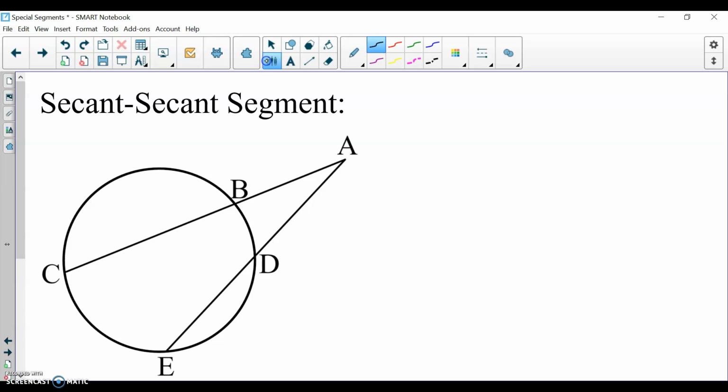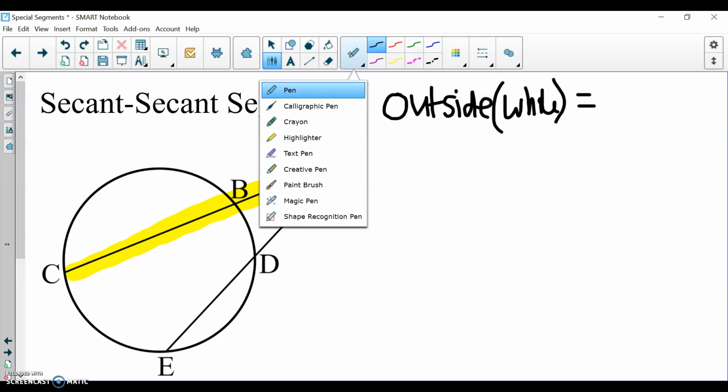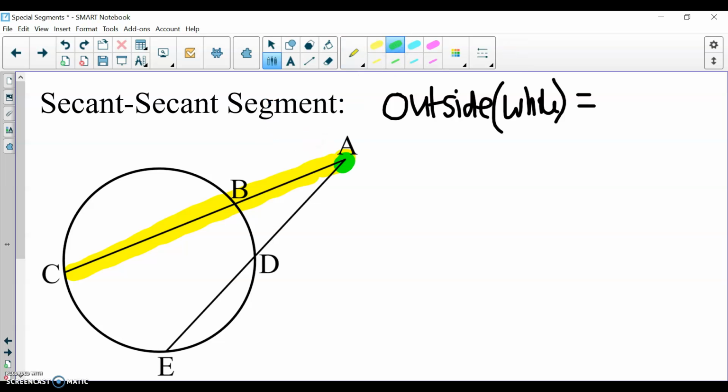One way to look at it, when we specifically look at, say, the first secant segment, it wants us to take the outside portion and multiply that by the whole segment. Outside times whole. This has to be equal to our other secant segment.